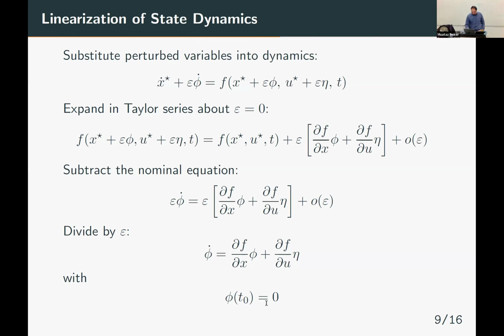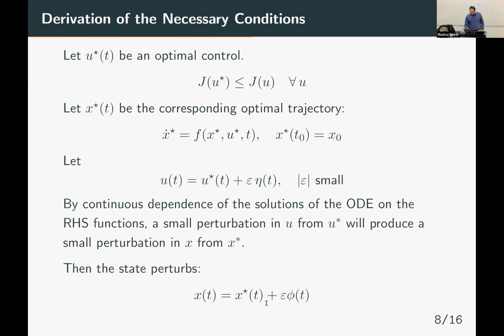How do we know that? If you plug in t naught in this equation, what you'll end up with is x of t naught is equal to x star of t naught, which is given as x naught.